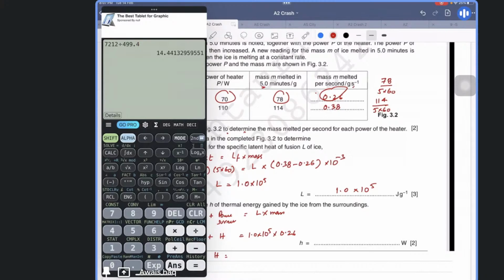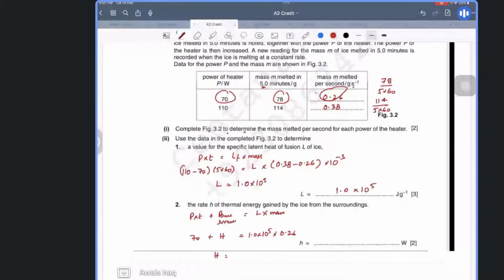Can you try now? 40 times 5 times 60 divided by 10 raised to power minus 3. And what? Gatika, that's not fair. Sir, I think because you've used 5 times 60, you should use the mass which melted in 5 minutes. No, I basically made an error here.